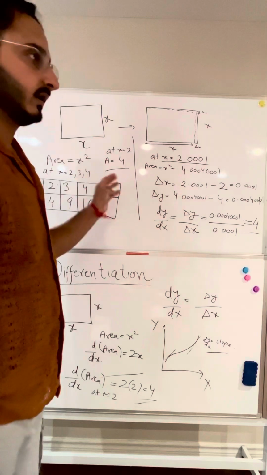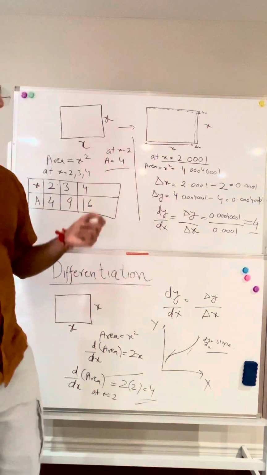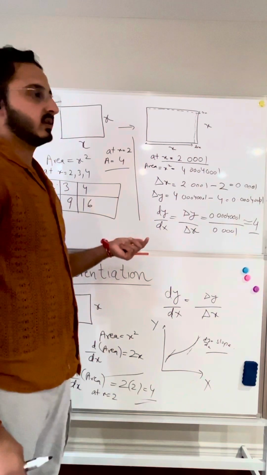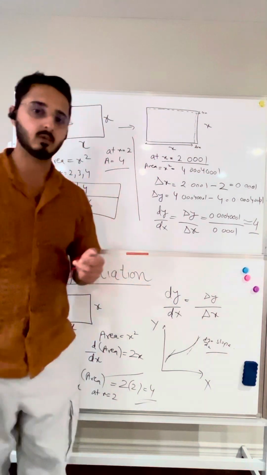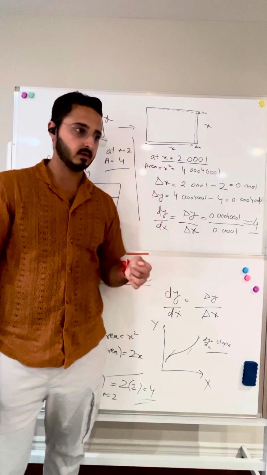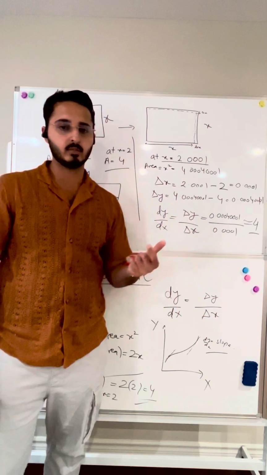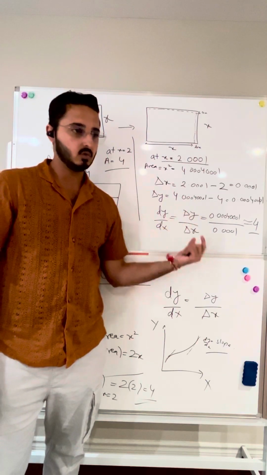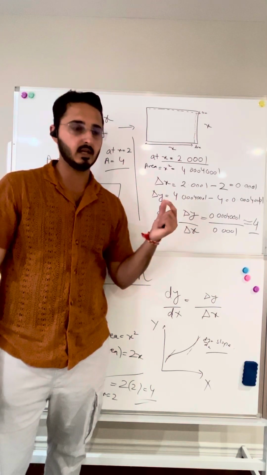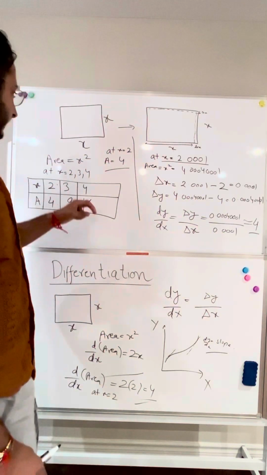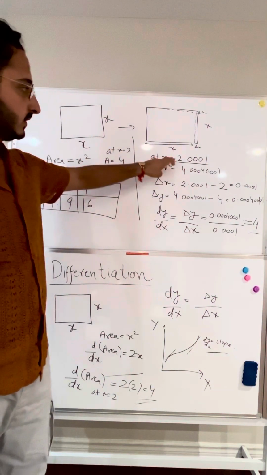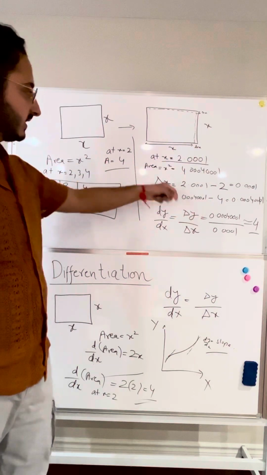When you compare two values that are very close to each other, differentiation is kind of finding a formula, or trying to find a relationship, between two very close function inputs. In this case, we have x equal to 2 as an input, and the other input is x equal to 2.0001, which are very close.